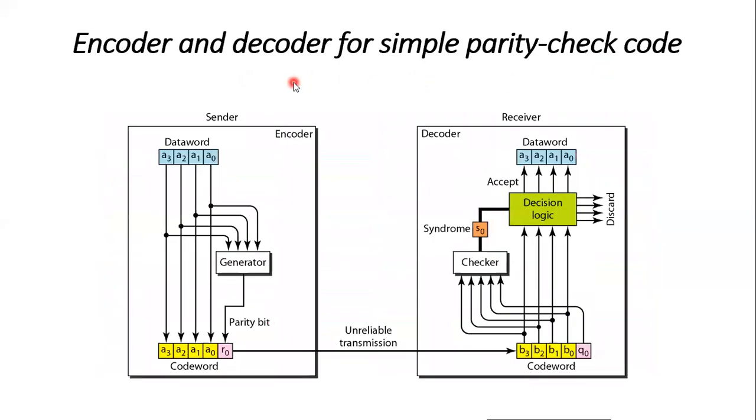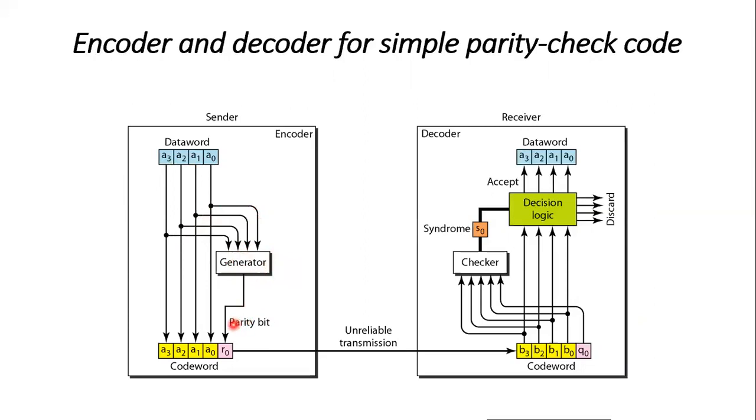Then the encoder and the decoder for the simple parity check code. So this is the sender part and the receiver part. Here we call this the encoder, and in the receiver it is a decoder. Now the data word A0, A1, A2, A3, a 4 bit data word, is applied to a generator. The generator generates a parity bit, whether even or odd, depending upon the parity generator.